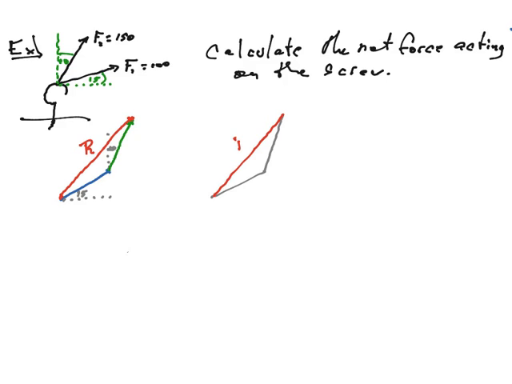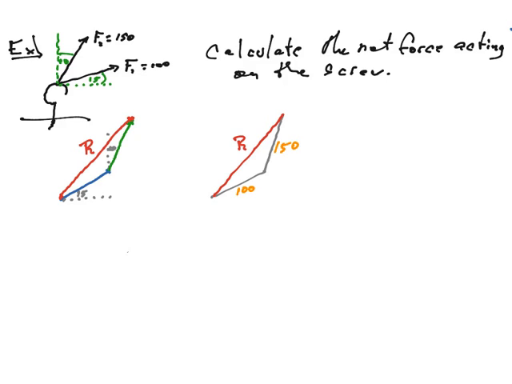And what I want to find is this resultant here. What do I know? Well, I know this bottom line, that was F1, it's 100. And I know this right side line, that was F2, that's 150. So I know those two lines. And what would be great is if this was a right triangle, I could use Pythagorean Theorem to find R. The problem is I don't know if this is a right triangle.